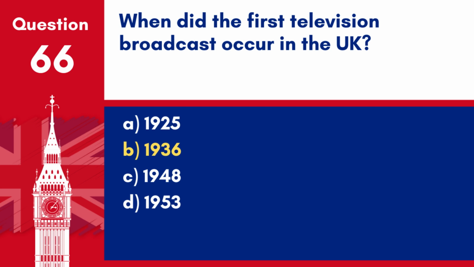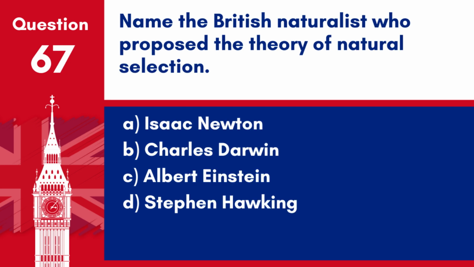The first television broadcast in the UK occurred in 1936. Question 67. Name the British naturalist who proposed the theory of natural selection.